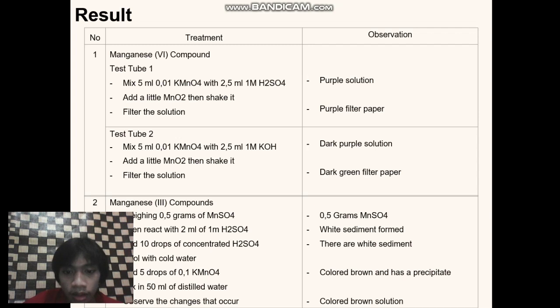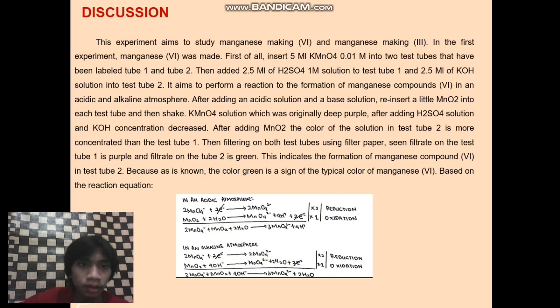Observation: there is white sediment. Cool with cold water and add 5 drops of 0.1 M KMnO4. Observation: colored brown with a precipitate. Next, mix in 10 ml of distilled water and observe the change that occurs. Observation: brown solution.